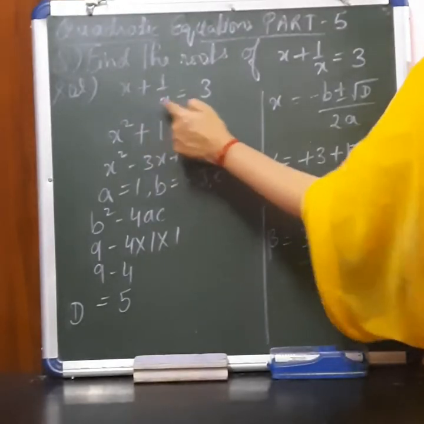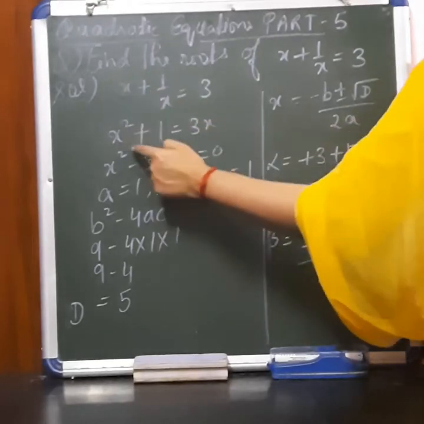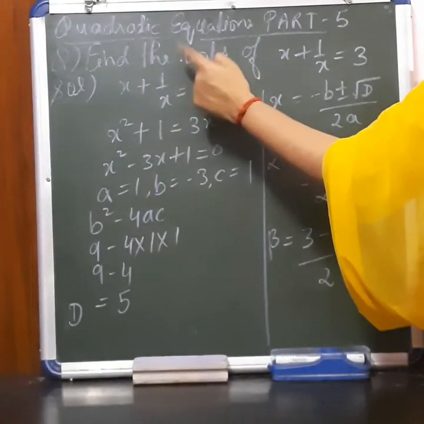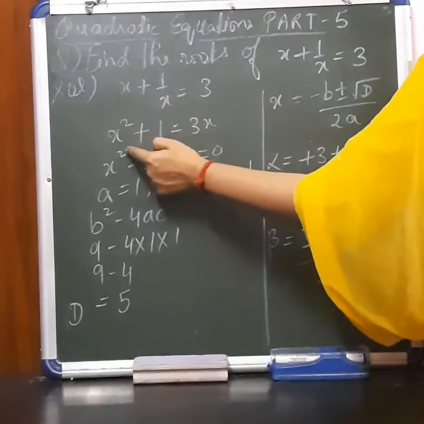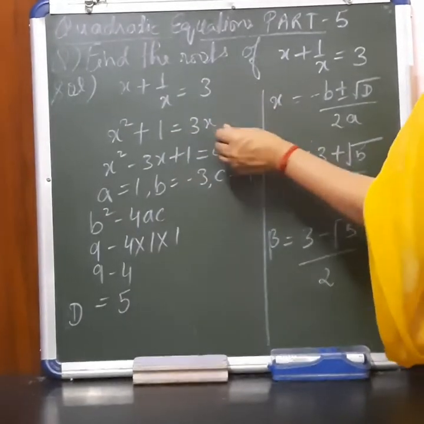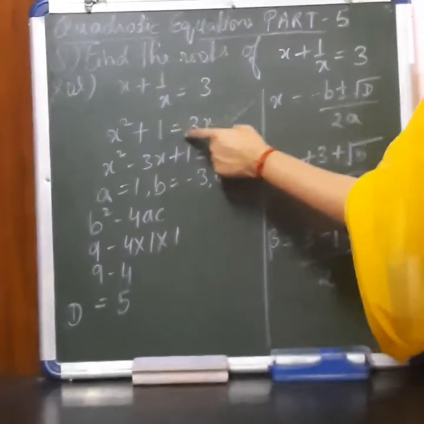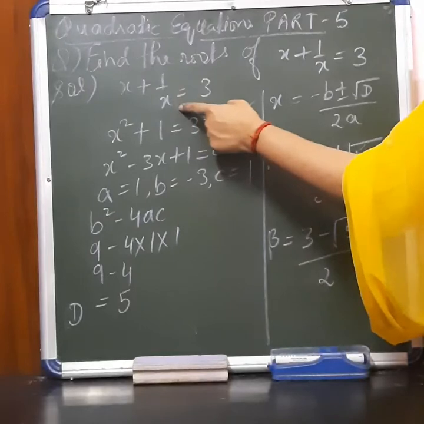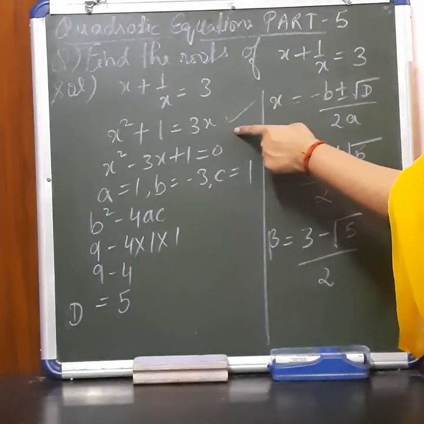When you simplify this, x multiplied by x is x square, and x multiplied by 1 is x, and 1 multiplied by 1 is 1. So is equal to, and in the denominator it was x. After cross multiplication we will get this step: x square plus 1 is equal to 3x, because this x, after cross multiplication, will come over here in multiplication. Have you understood?